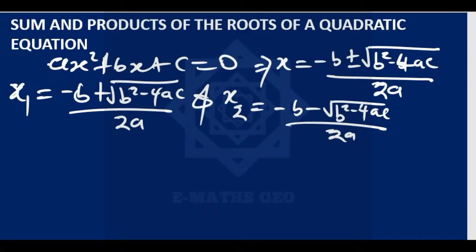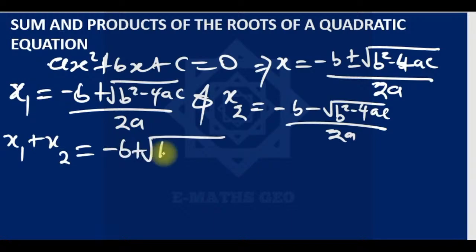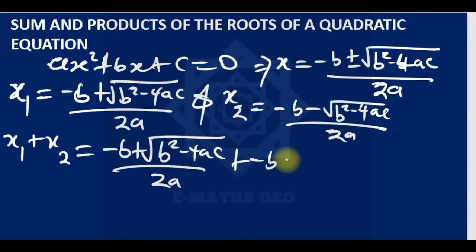So let's get a formula. Let's find their sum from this. So let's do x1 plus x2, which is minus b plus the square root of b squared minus 4ac over 2a, plus minus b minus that over 2a.